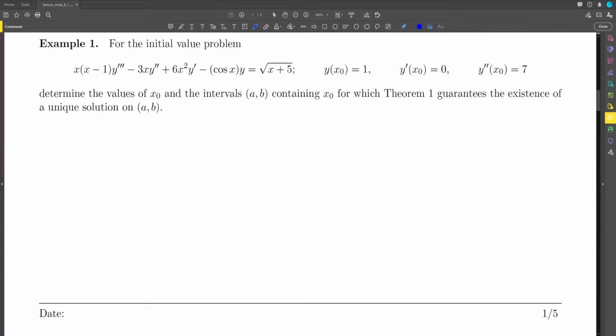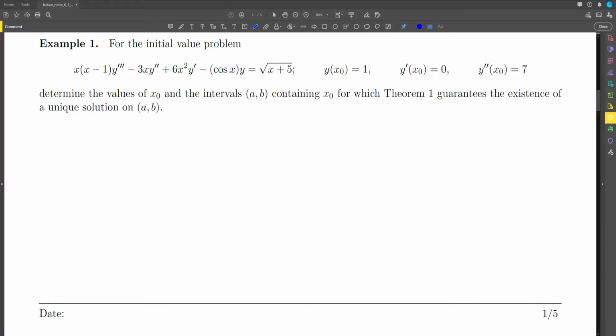For the initial value problem given by x times x minus 1 times y triple prime minus 3x y double prime plus 6x squared times y prime minus cosine of x times y equals square root of x plus 5, with initial conditions y at x naught equals 1, y prime at x naught equals 0, and y double prime at x naught equals 7, determine the values of x naught and the intervals a comma b containing x naught, for which theorem 1 guarantees the existence of a unique solution on the open interval from a to b.